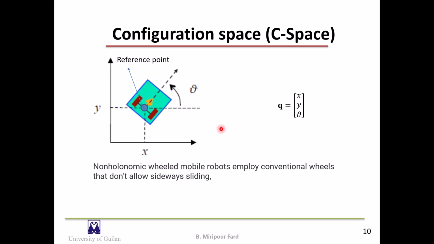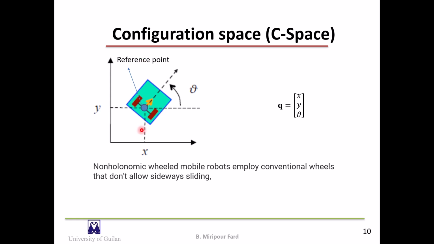Now consider the chassis of a mobile robot driving on a plane. If we define an X and Y reference frame, we can represent the configuration of the chassis as Q equals X, Y, and theta, where theta is the heading angle of the chassis and X, Y refers to the location of a reference point on the robot, which is here.